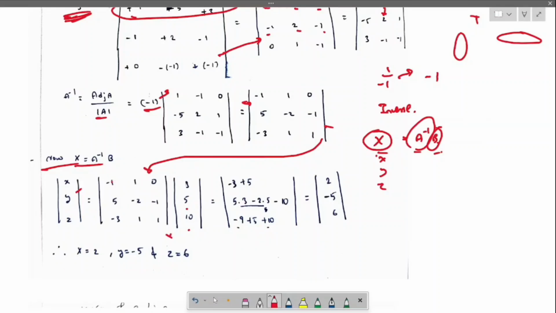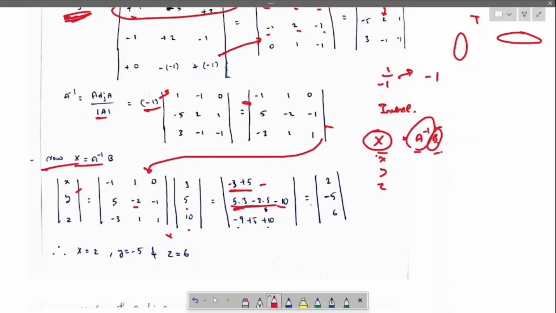1 into minus 1 into 3 is minus 3. 1 into 5 is 5, plus 5. 0 into something is 0, ignorable. 5 into 3, minus 2 into 5, minus 1 into 10, minus 10.